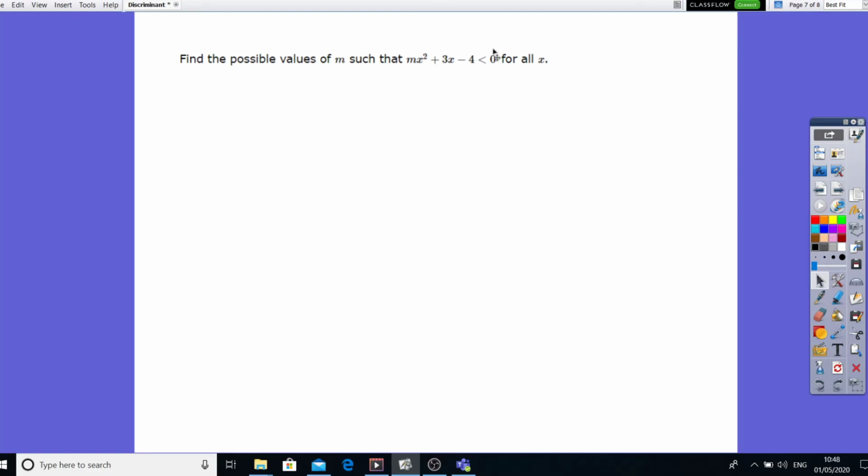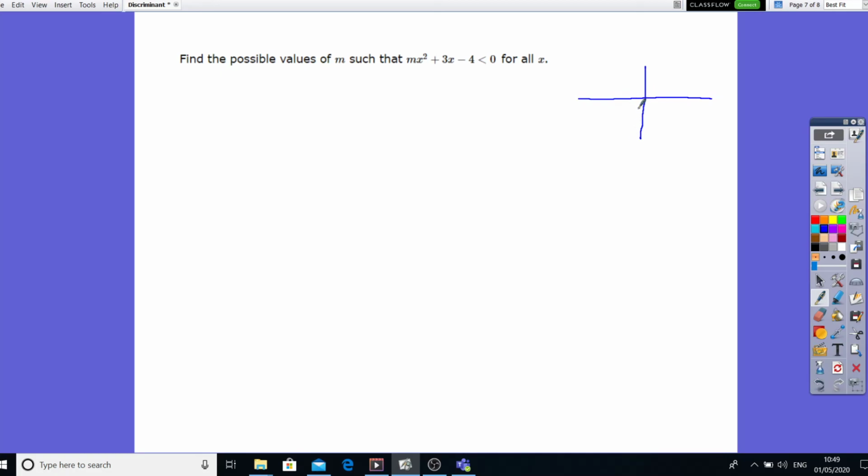Find the possible values of m such that this graph is less than 0 for all values of x. Again, when the graph is less than 0 for all values of x, let's just have a look at this. We want the graph to be less than this line for all values of x.